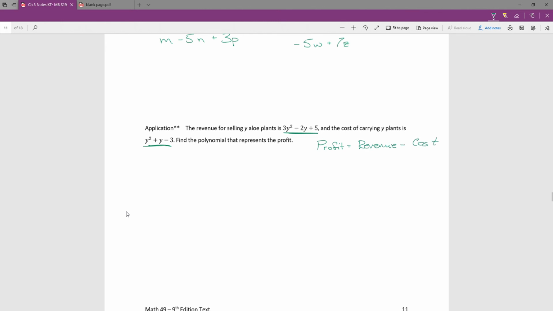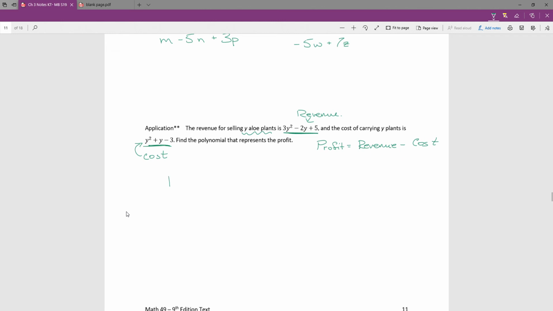And so this aloe company has modeled things out. This is your revenue, or an expression to represent your revenue, and this is the cost that you have of selling your plants, I guess.